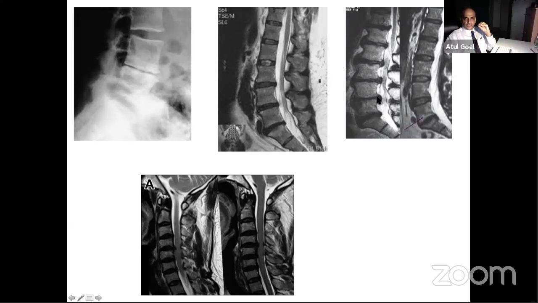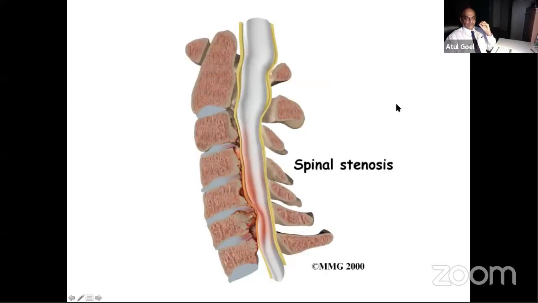So when you see these osteophytes, the disc is not the problem. Osteophyte is not the problem. The problem is the weakness of the muscles and a vertical instability at the facetal articulation.